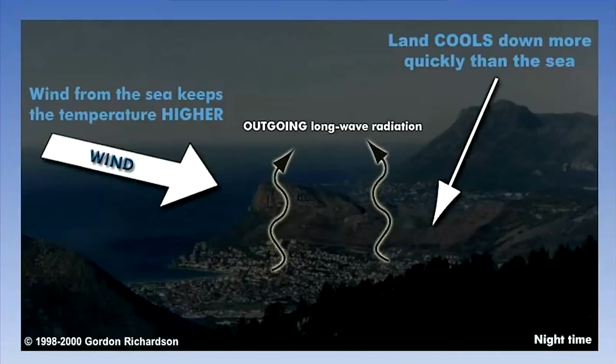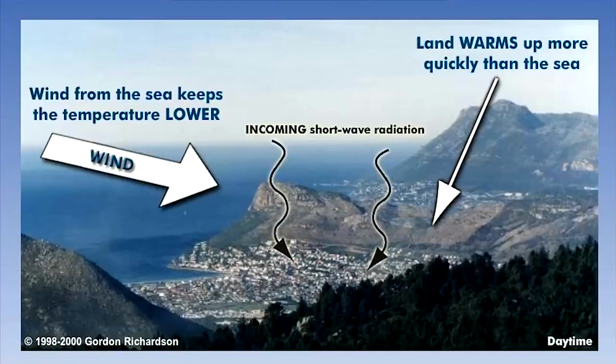At night, an onshore breeze will tend to hold the temperature higher, because the sea takes longer to cool down and will generally be warmer than the land. Conversely, through the day, a sea breeze will keep the temperature down, because the sea takes longer to warm up. We will examine local winds at a later stage in more detail.